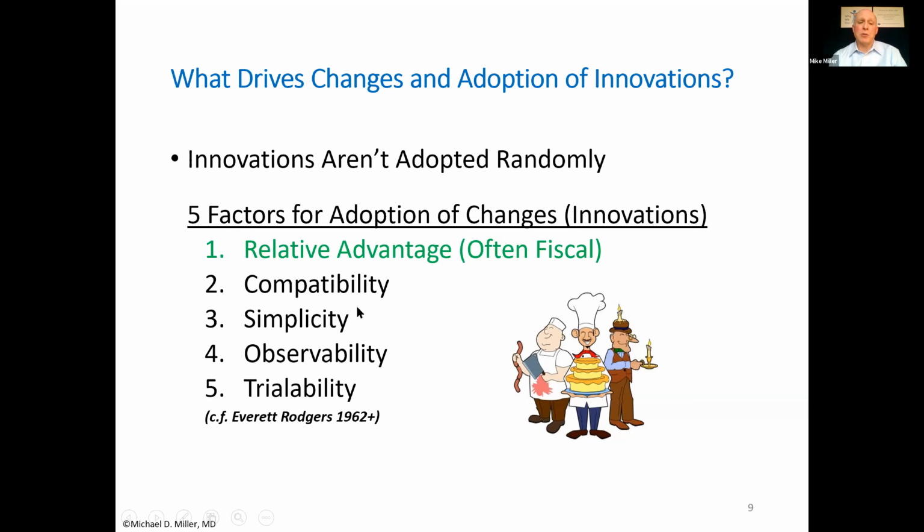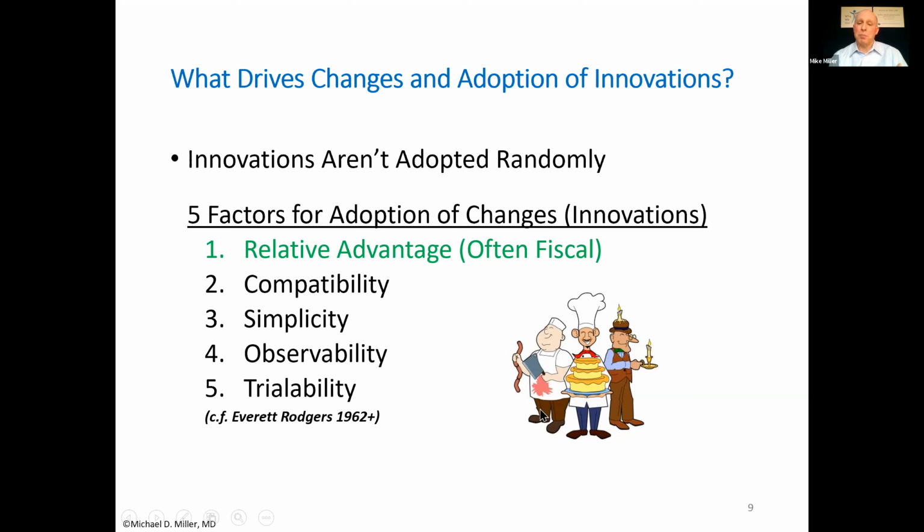These next 4 factors: is it compatible with the way things are done currently for clinicians, hospitals, patients, whoever? Is it simple, easy to understand, easy to use? Can I observe it, or do I just have to go all in and hope I can do it? And can I try it out, this trialability?